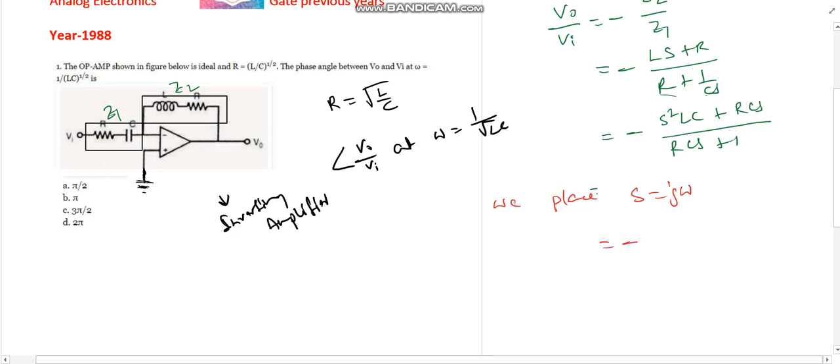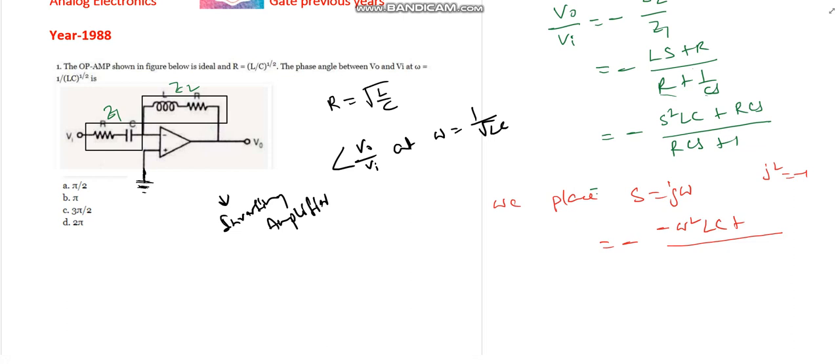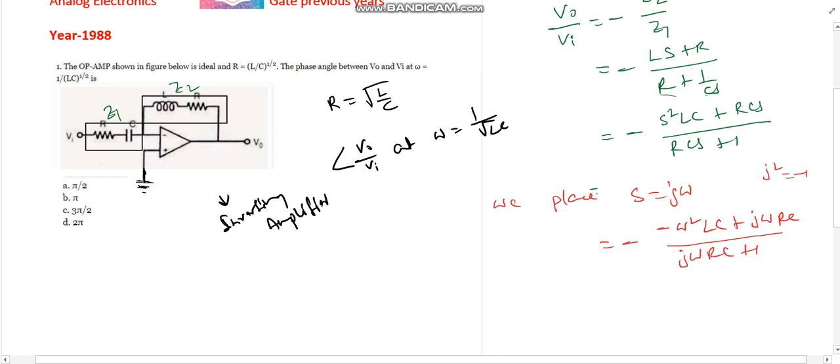So this equation becomes j square omega square LC, that is minus omega square LC, because j square equals minus 1, plus RCs, where RCs means j omega RC, divided by j omega RC plus 1 in the denominator. Now this is the equation.